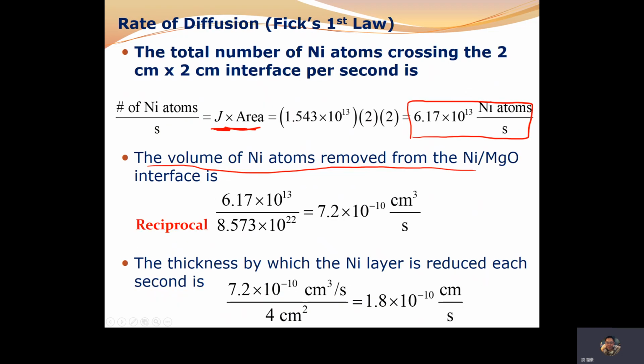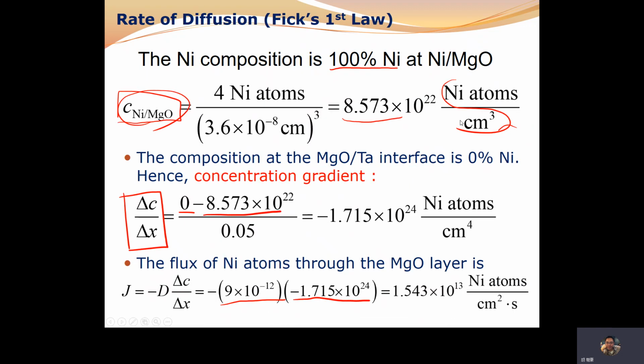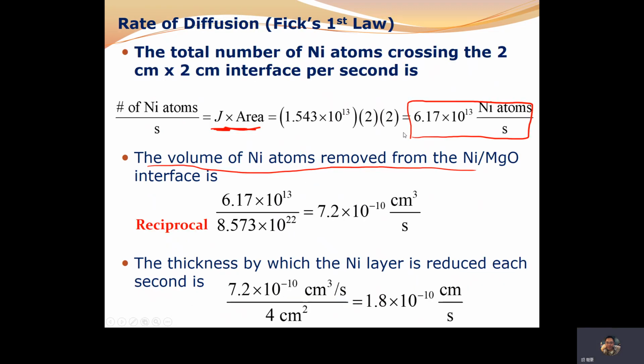We have this number of nickel atoms per centimeter cube, and we take the reciprocal of this. That means the volume of this number of nickel atoms, right? Therefore, this is the number of atoms per second, and this is the volume of 8.573 times 10 to 22 nickel atoms.